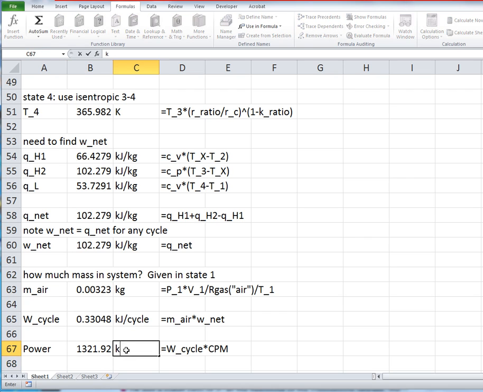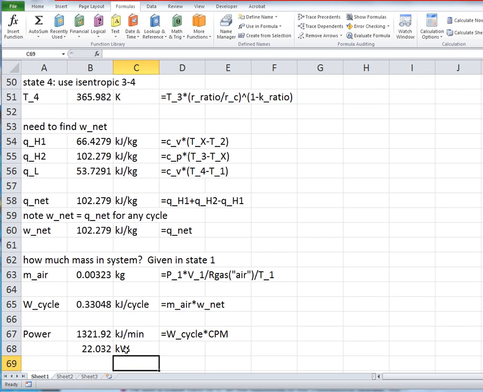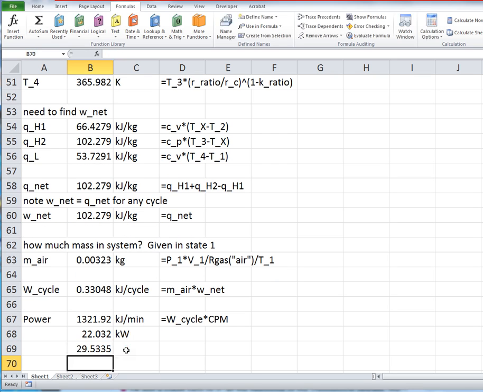So this is kilojoules per minute. And this is kilojoules per second, or kilowatts. And that's about 30 horsepower.